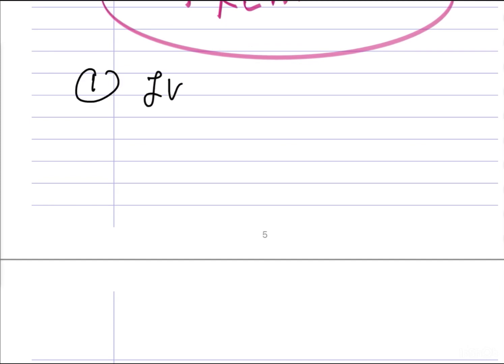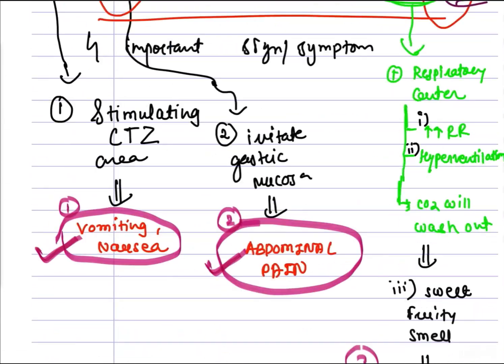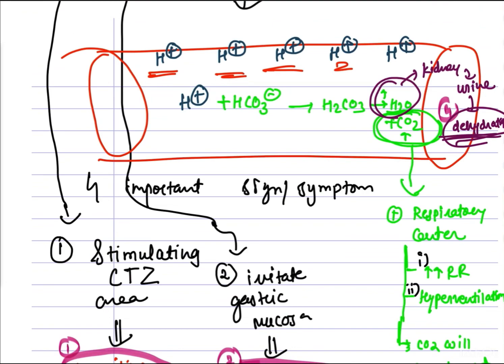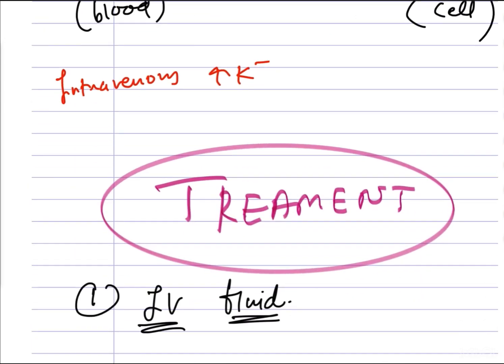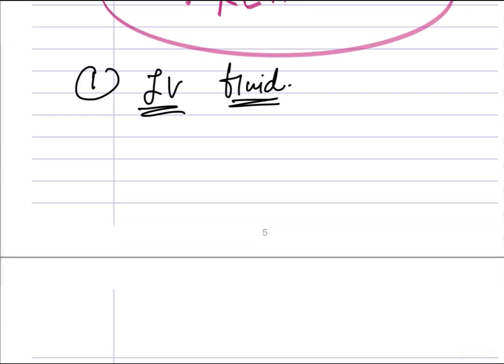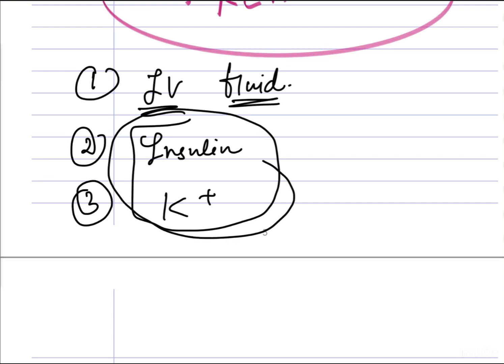We will give IV fluid because the patient will be suffering from dehydration. So we will give IV fluid and insulin and potassium, but these two will have to be given calculatively.